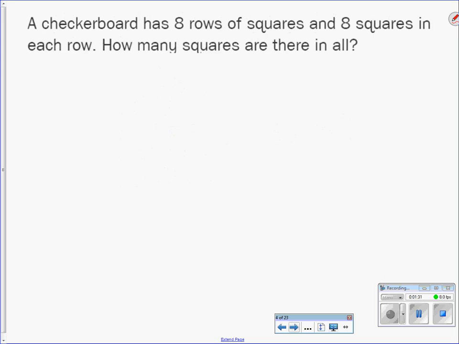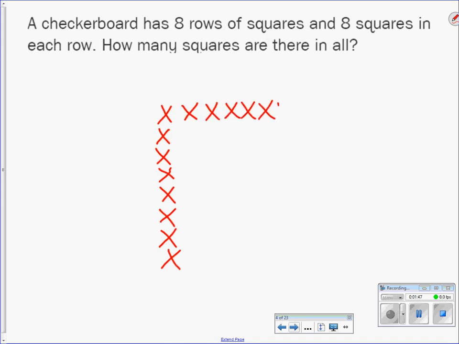The next one, there's 8 rows of squares and 8 squares in each row. Okay, 8 rows, 1, 2, 3, 4, 5, 6, 7, 8, and 8 in each row. Boys and girls, remember when you're doing your rows, they go across.